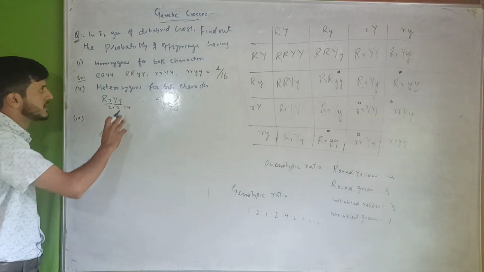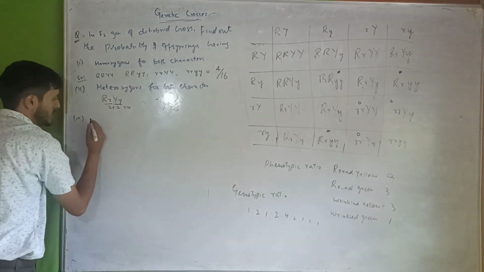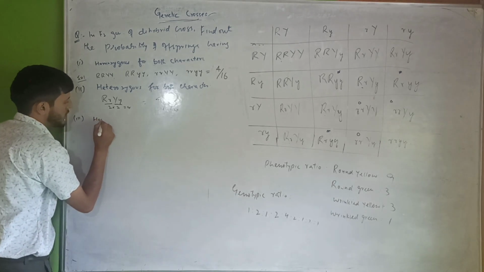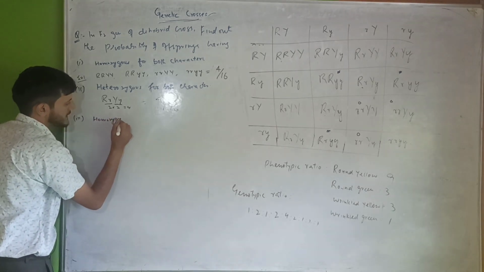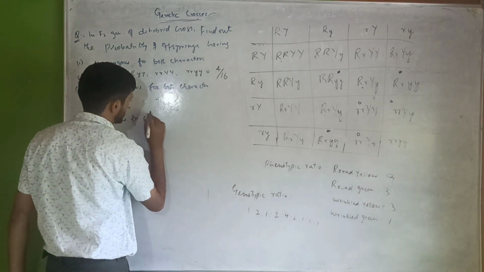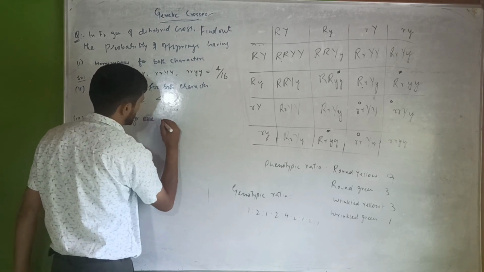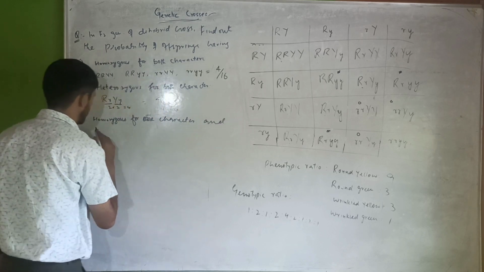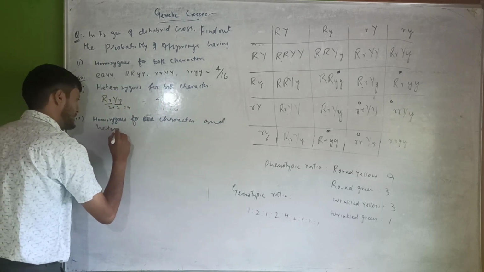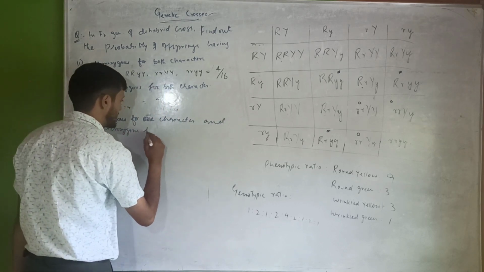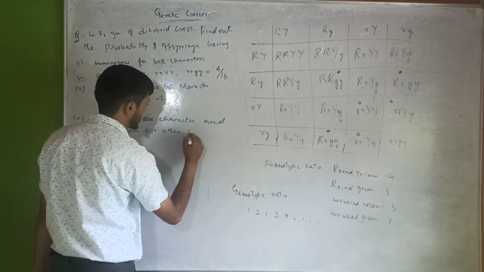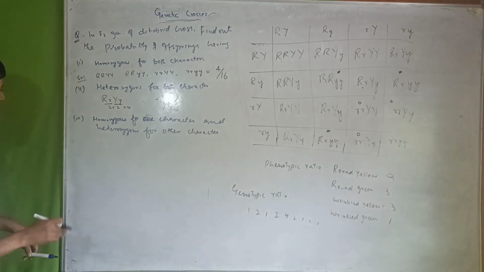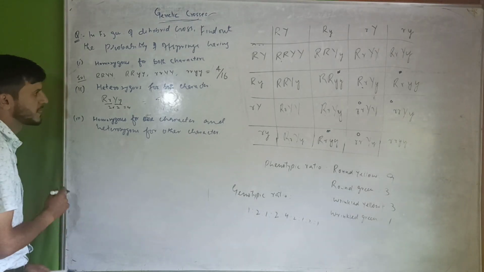Another question is to find out the probability of offsprings which are homozygous for one character and heterozygous for the other character.